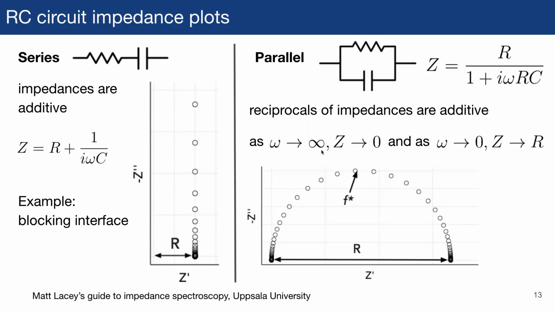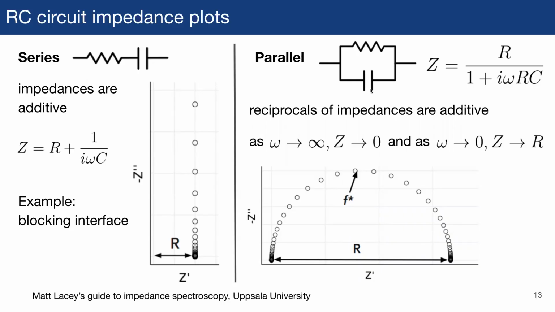At high frequencies, again, we are preferentially going through the capacitor, but after we reach this characteristic frequency F star, the resistor will start to take more and more of the current going through it until we ultimately hit all of the current going through the resistor.